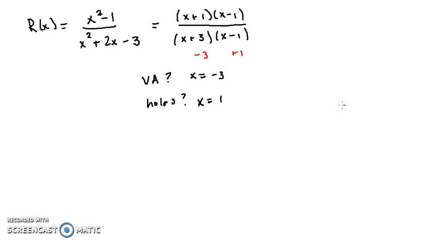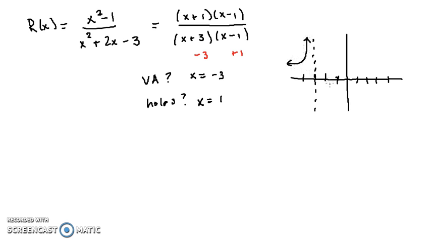All right, so this picture ends up looking a little bit like this. Let's see, we've got 1, 2, 3, 4, 1, 2, 3, 4. We've got an asymptote at -3. We see that vertical asymptote at -3. And then the graph ends up looking a bit like this.